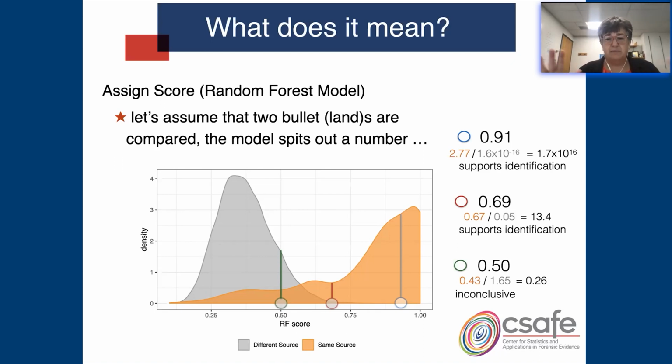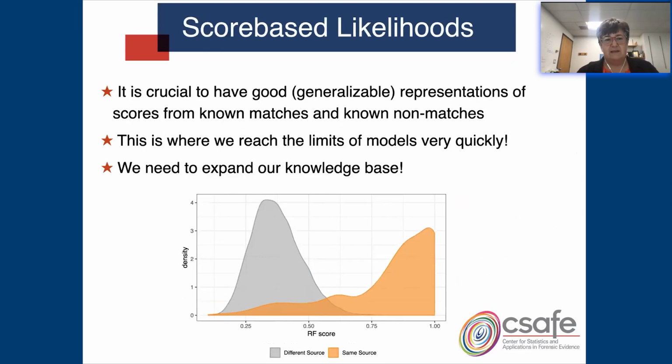Okay, so this is how we can use these density curves, and that's how we can use the scores, which also means that it's really crucial to have good basic training data. So these random forest scores come from the training results, come from the training model. We've got results where we know ground truth.